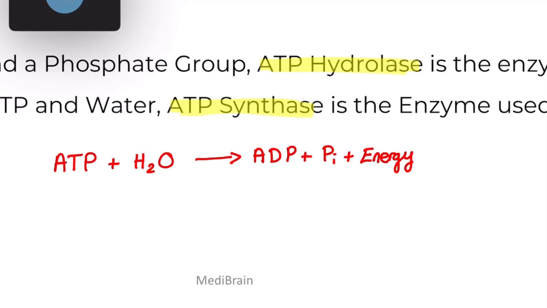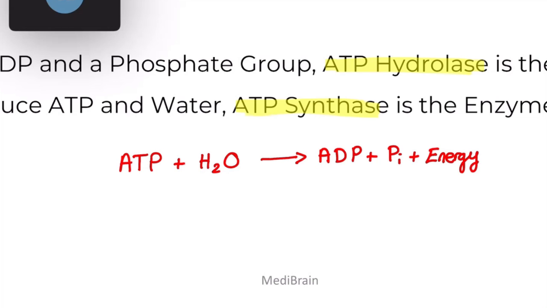Now, as I mentioned, this is a hydrolysis reaction because we are using a molecule of water in the process. We are hydrolyzing the ATP. So an enzyme needs to be present for this reaction to occur. In order for ATP to be converted into ADP, the enzyme is ATP hydrolase.